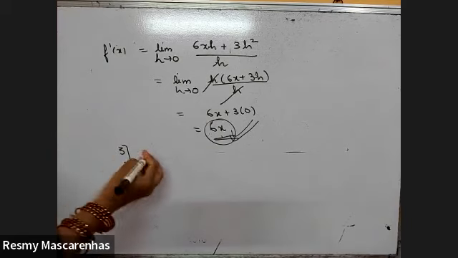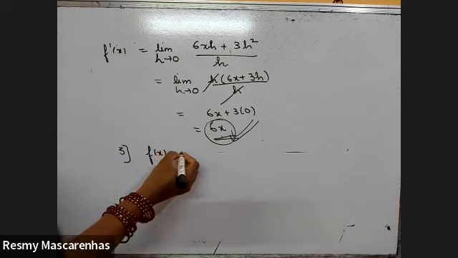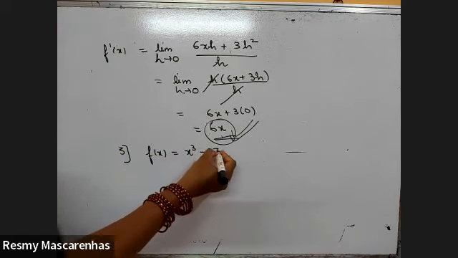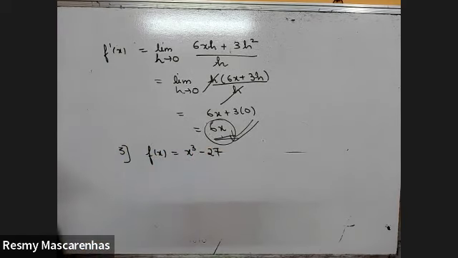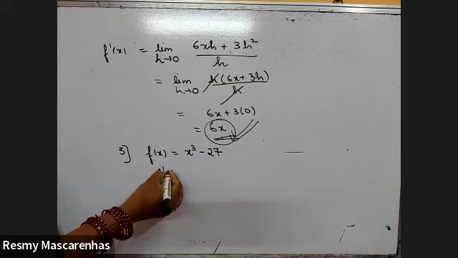Find the derivative of x cube minus 27. So what will be f dash of x?